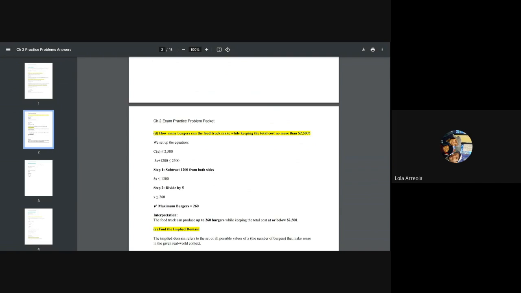It could be equal to 2,500, but it cannot be any more than 2,500. Maybe this would be good to add to your cheat sheet: no more than is referring to this setup, again, an inequality.